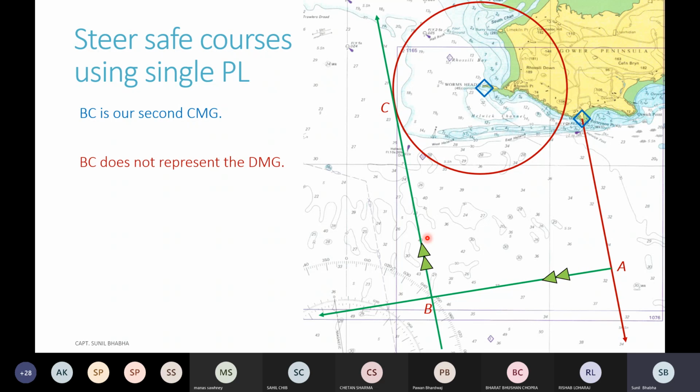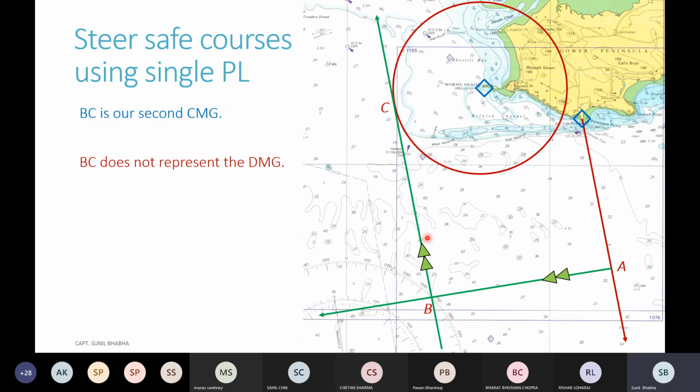Now just to clarify here, Bravo Charlie BC gives us the direction of the second course made good, but BC does not give us the distance made good. Bravo Charlie does not represent the distance made good. Now why is that so? That is so because Bravo is not our vessel's position.